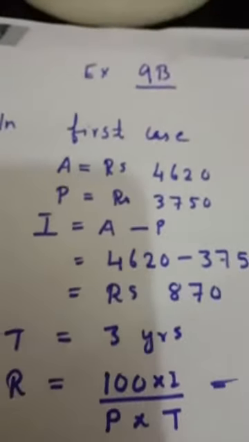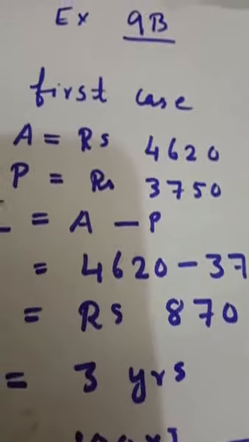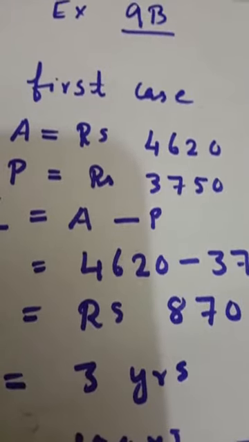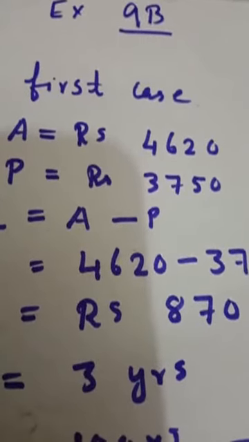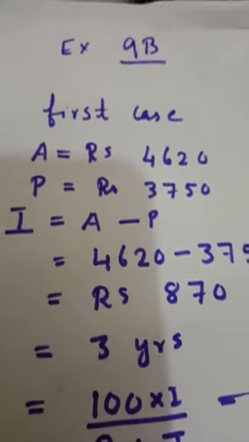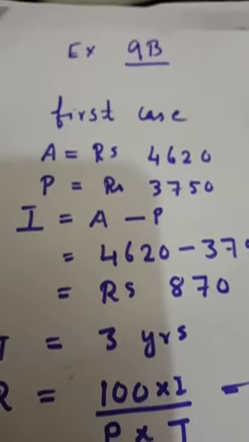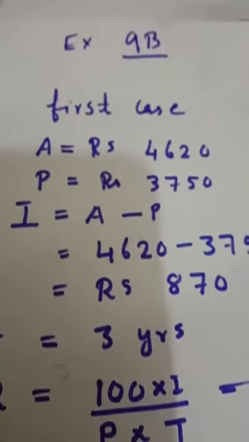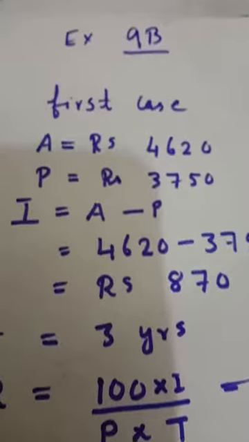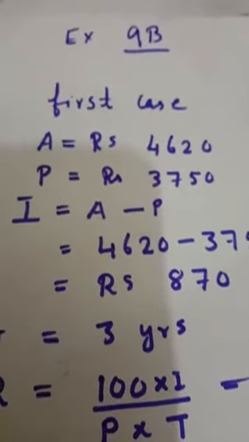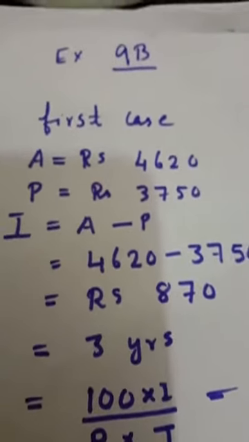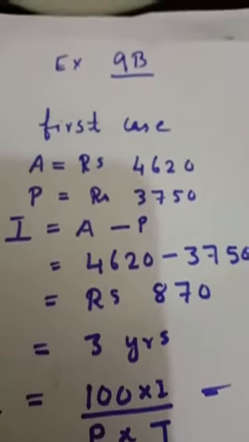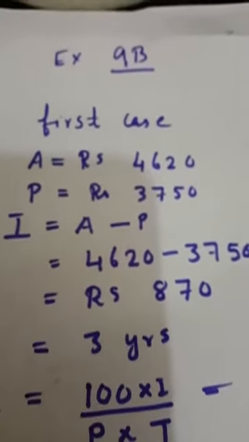First case, amount A is equal to rupees 4,620 and principal P is equal to 3,750. Now from this we can find interest.